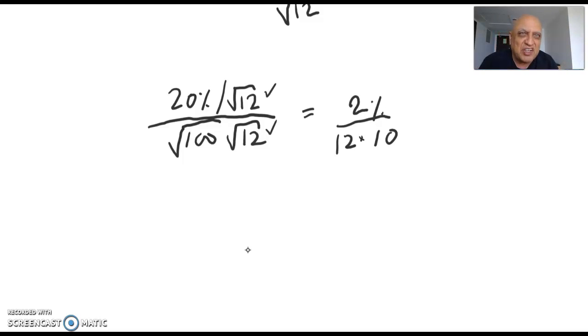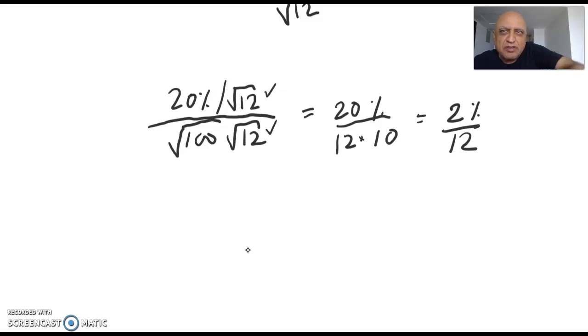So that's what the standard error is going to be per month, except that this was supposed to be 20%, not 10. 20% divided by 10. So that was 2% divided by 12. That's what the standard error is going to be for monthly observations.